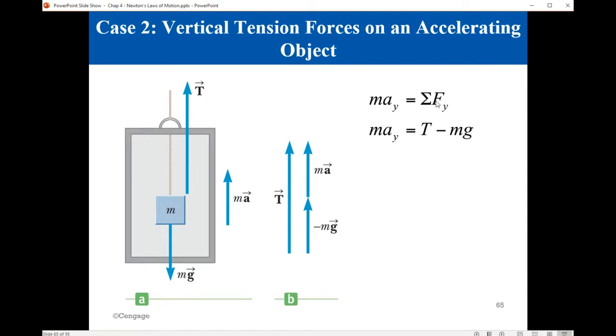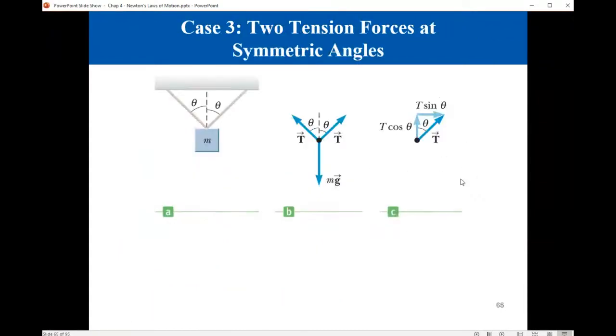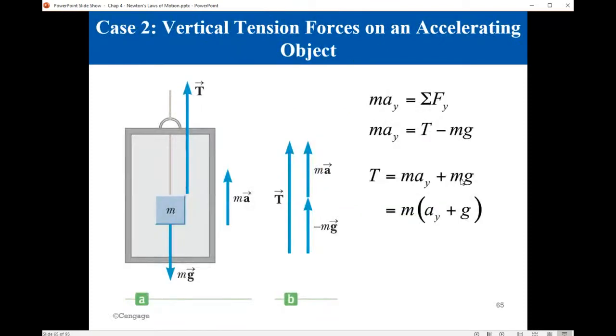And the net force is T minus mg. Okay? So now when you solve, you get T equals m multiplied by (a_y plus g). So now the tension is greater than mg.